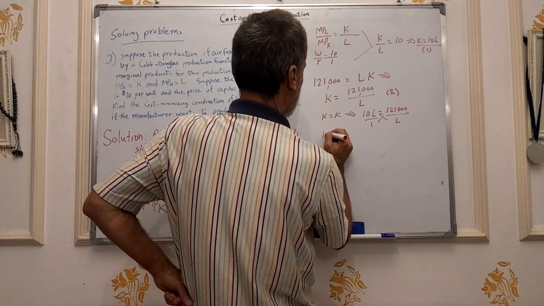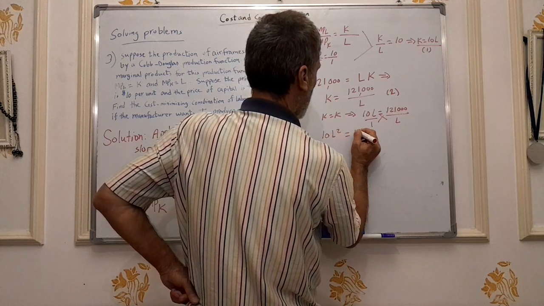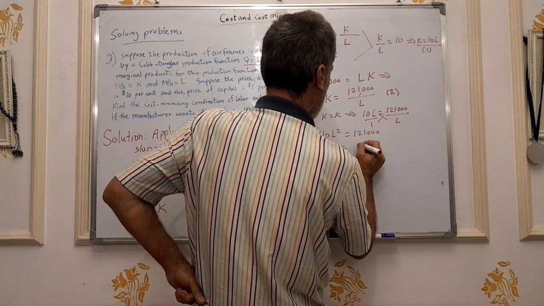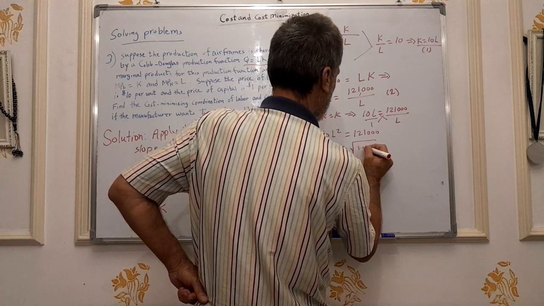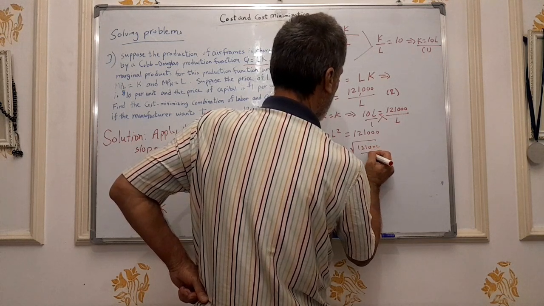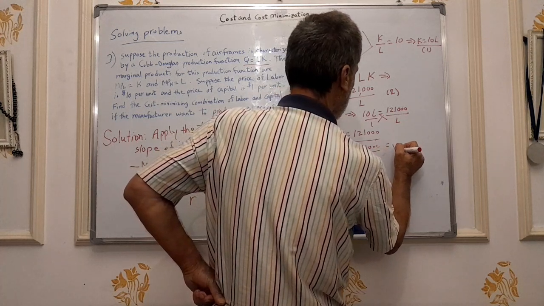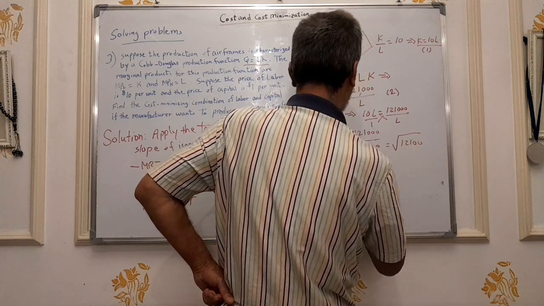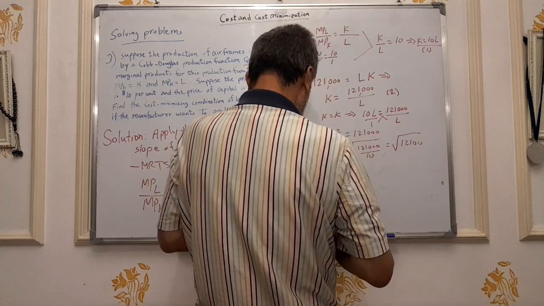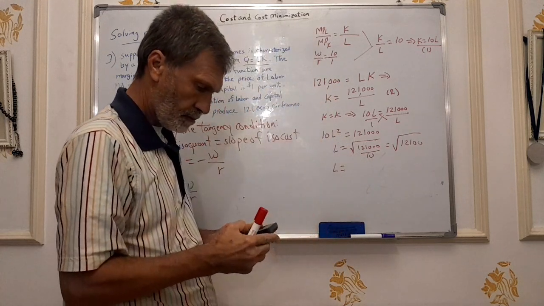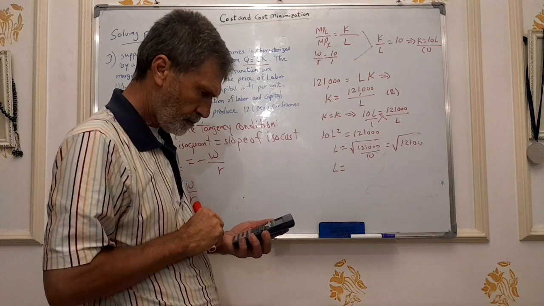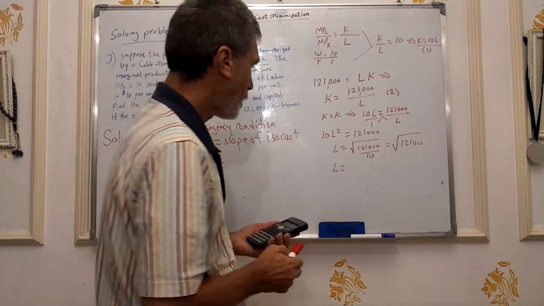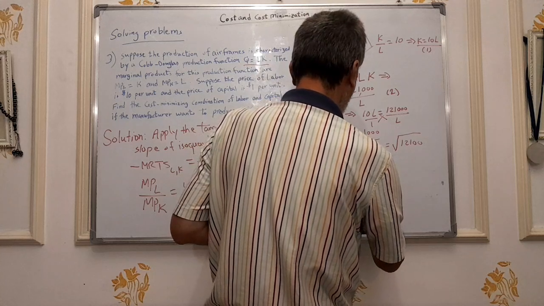we come up with 10L squared is equal to 121,000, which implies L is equal to the square root of 121,000 over 10. And so L is equal to 110.